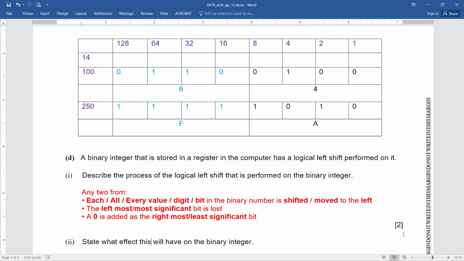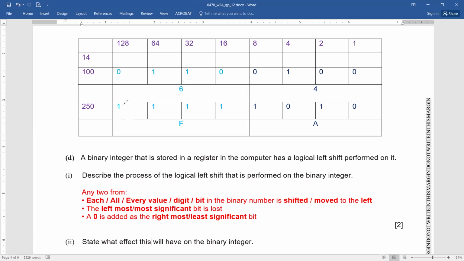A student can say the leftmost bit is lost, or a student can say the most significant bit is lost. That's perfectly okay. Just telling you this example from here. Assume I was supposed to go for this shift here. So what will happen here then?